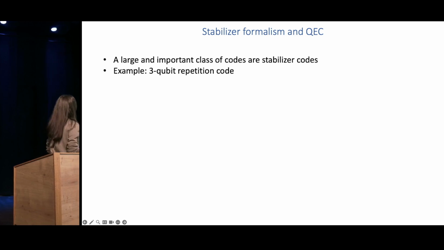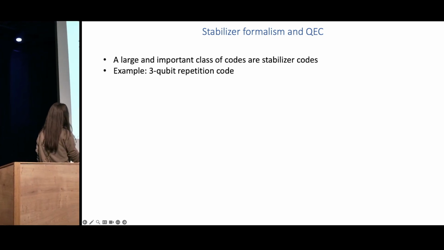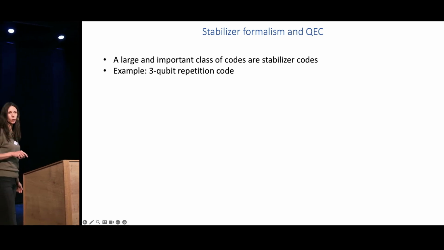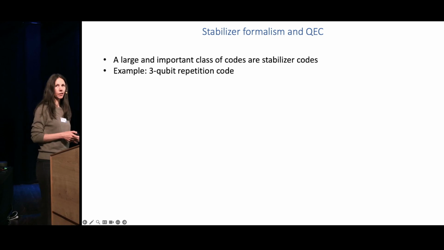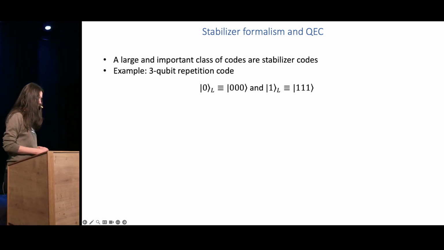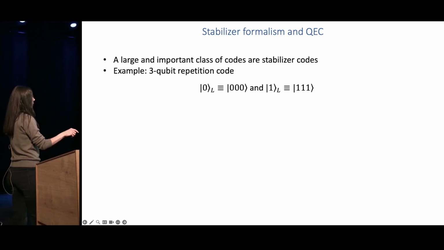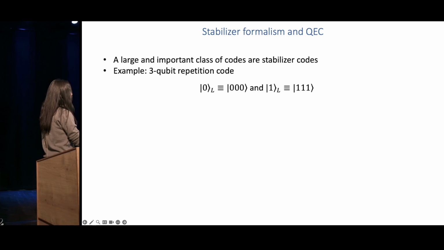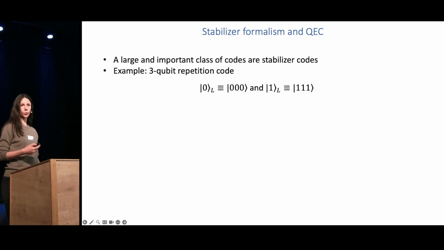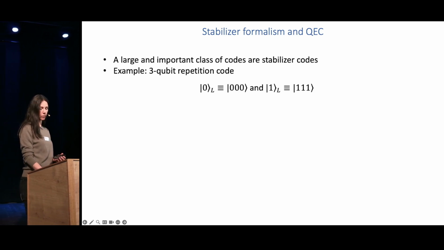So let's look at an example. Let's think about one of the simplest possible codes, the 3-qubit repetition code. Right, so this is probably familiar to most people who have taken a quantum computing course. So I'm defining a logical 0 to be a tensor product of all the qubits in 0, and the logical 1 to be a tensor product of all the qubits in 1, right?